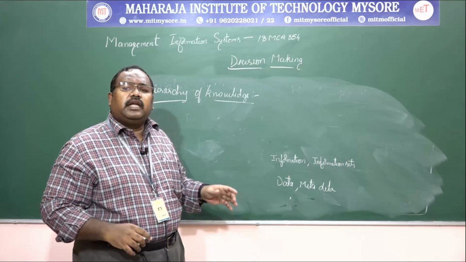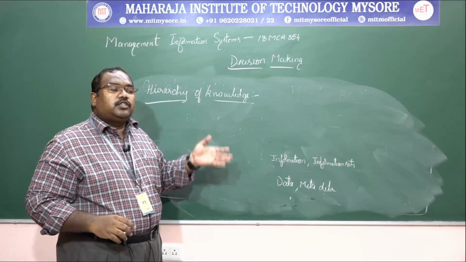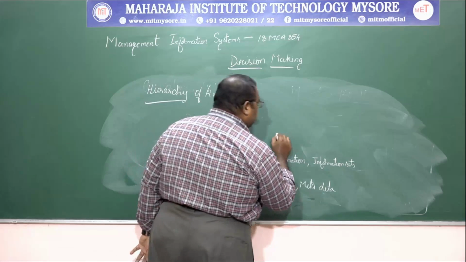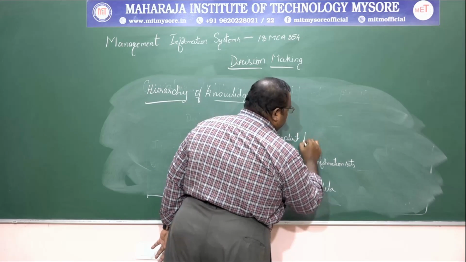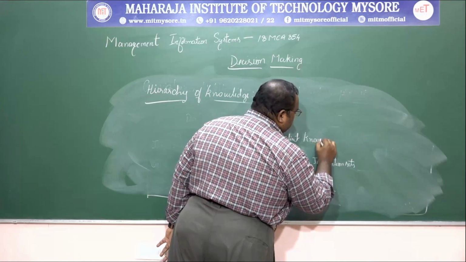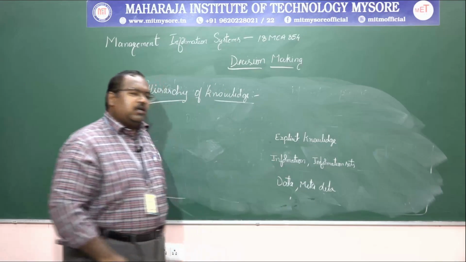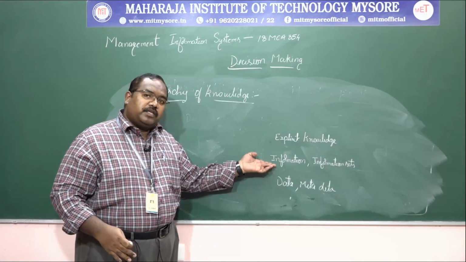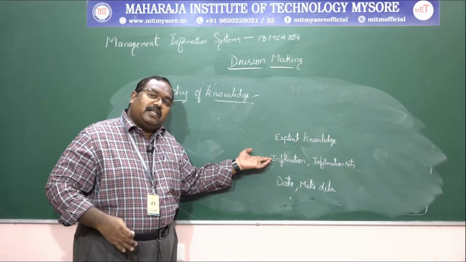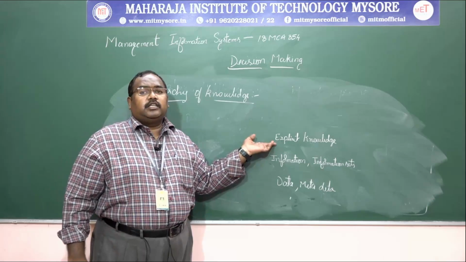Next, with this data and information, we have knowledge. That knowledge is called explicit knowledge. What we were talking about, that is the brilliance. Okay, so we have information. Now with the information, if it is analytically assessed, we can have explicit knowledge.